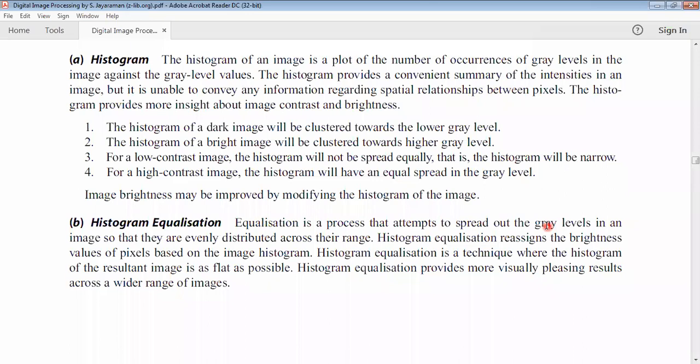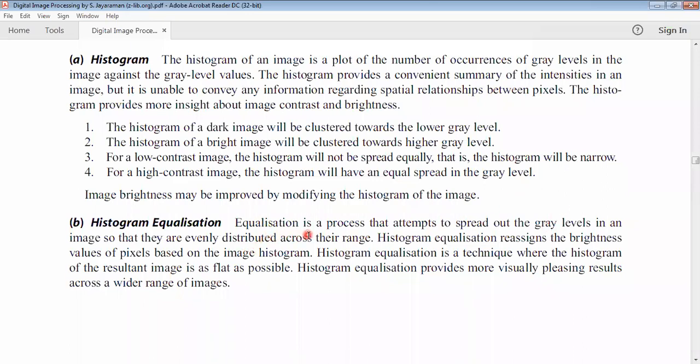It reassigns the pixel values, making them somewhat brighter. So we are extracting the same information, and we can say that the image is enhanced. After the equalization process, definitely the processed image is brighter than the original image. So that is the concept of equalization.